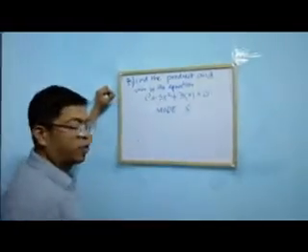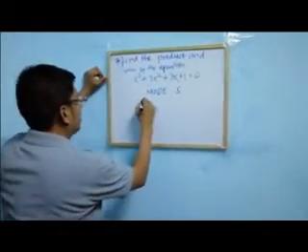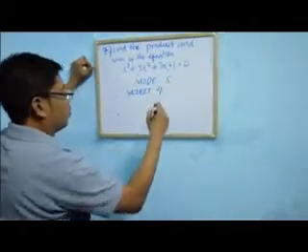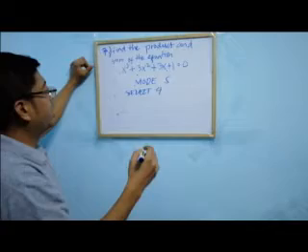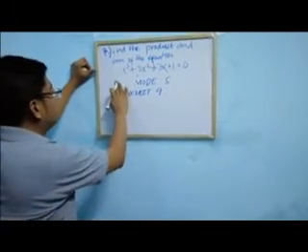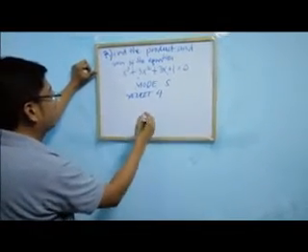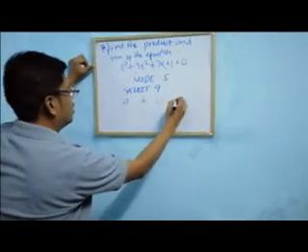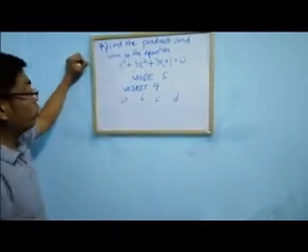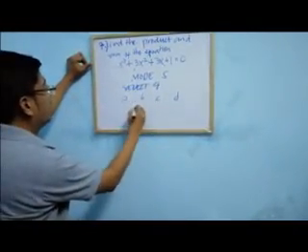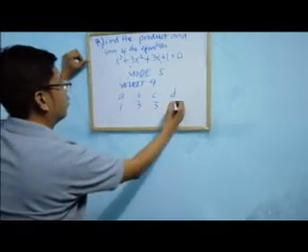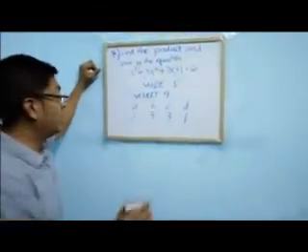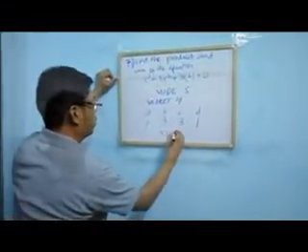Select mode 5 in your calculator and select 4 for the cubic equation, and input the coefficients of the equation, A, B, C, D. So you input 1, 3, 3, 1, and the calculator will automatically give you the root x equal to negative 1.